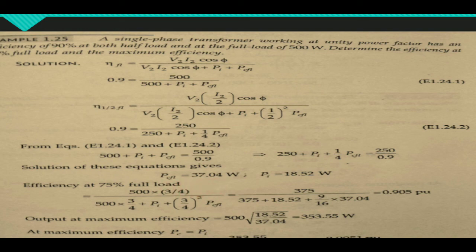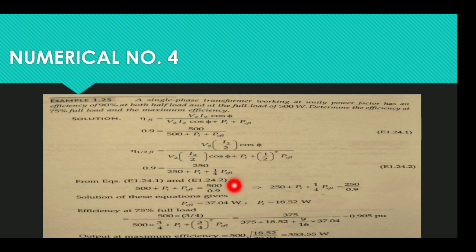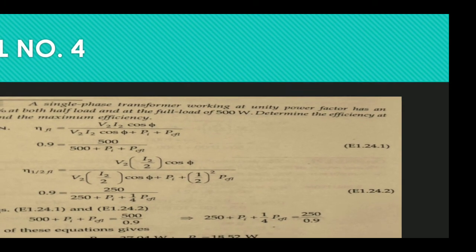Okay, and efficiency at 75% full load, that means 3 by 4, where 100% is the maximum, and 500 watt is the output power. So efficiency equals output by input, or output by output plus losses, since input equals output plus losses.